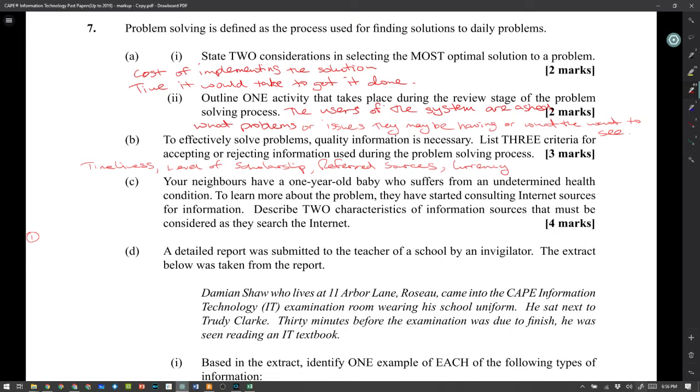The first will be referred sources. Referred sources means the page should have links that point to other reputable sources of info.